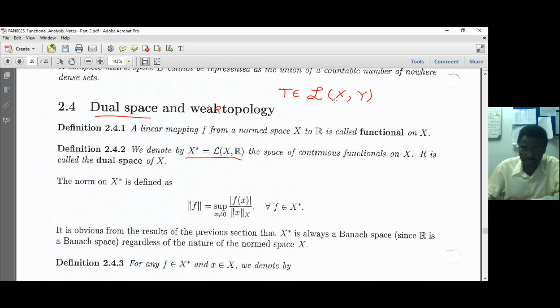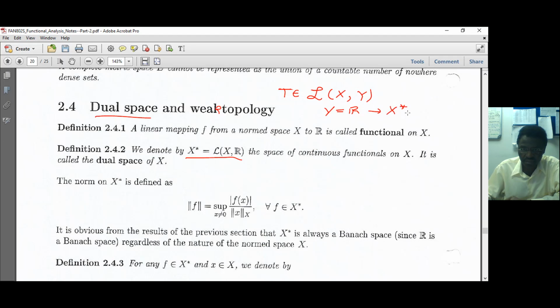And we saw that if Y is a Banach space, the entire space itself is a Banach space. And in the particular case of Y equal to R, we know that R is a Banach space.